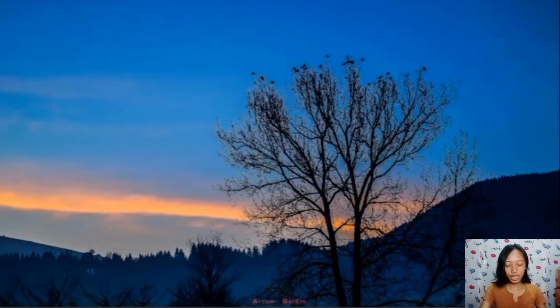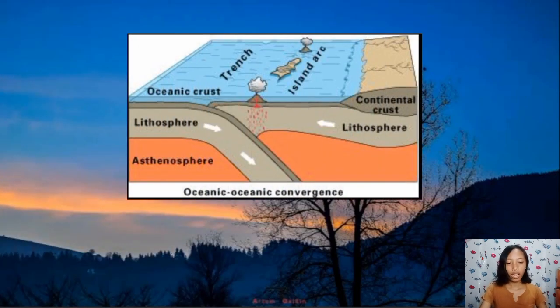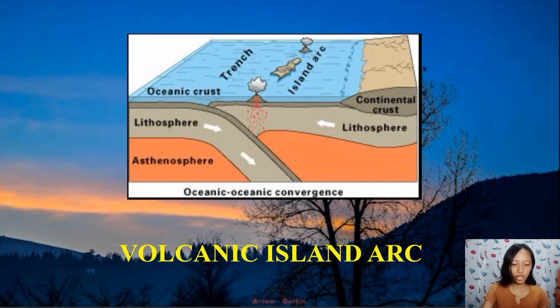Then the third one is the oceanic and oceanic convergence. Oceanic and oceanic convergence create a volcanic island arc. So, mag-create siya og volcanic island arc when the oceanic and oceanic crust converge.